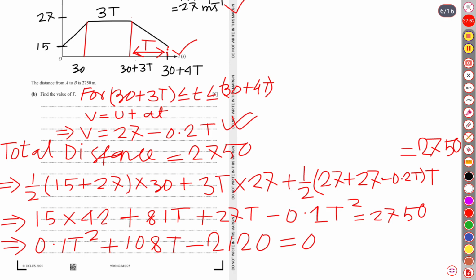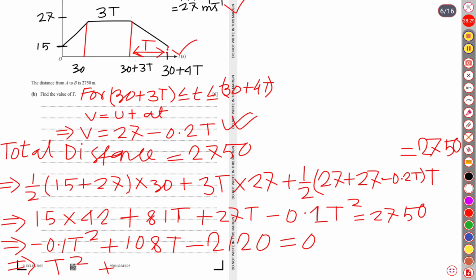Then if we divide each of the quantities by 0.1, it is going to be t squared. It was negative 0.1 t squared, so we will have to divide every quantity by negative 0.1.